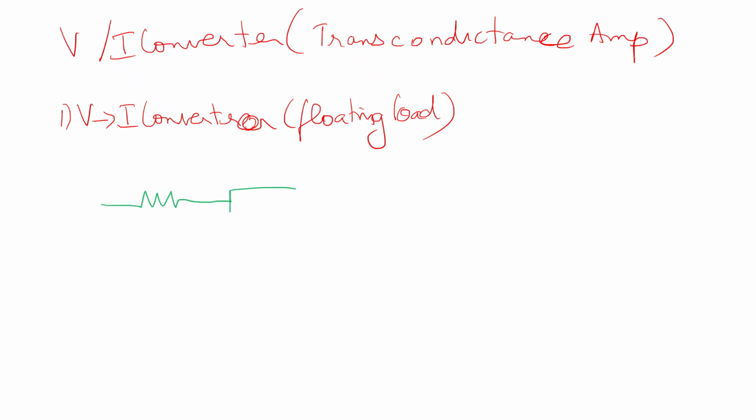A resistor with the feedback resistor in parallel is connected to the op amp's output. An input signal is given to the positive terminal of the op amp.